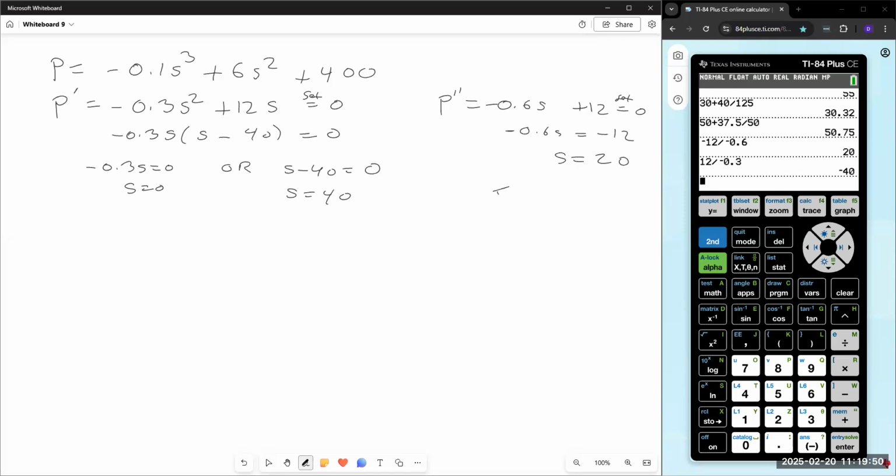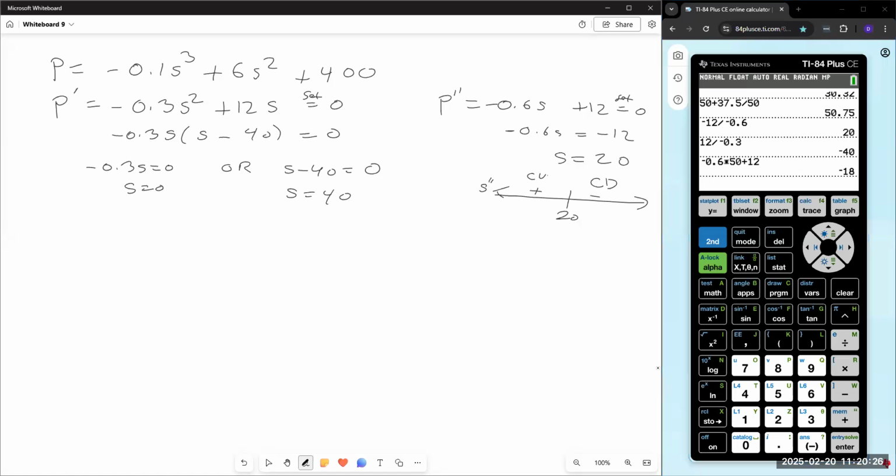So here's 20 for P double prime. To the left of that, like 0, I'll get something positive where I'm concave up over here. To the right of it, like 50, I will get a negative number like negative 18.